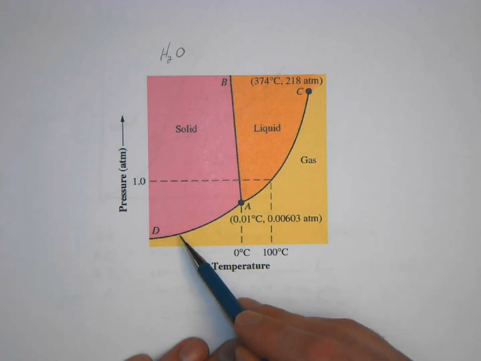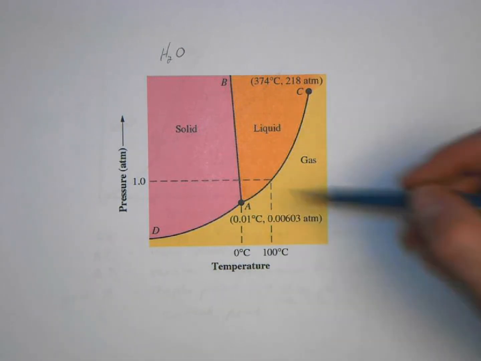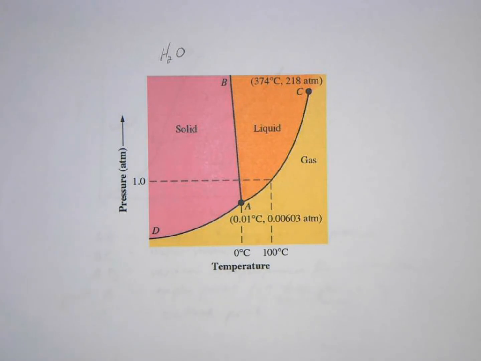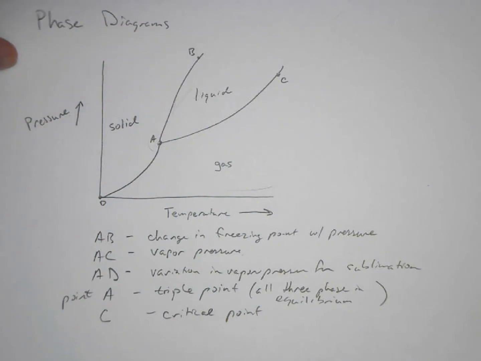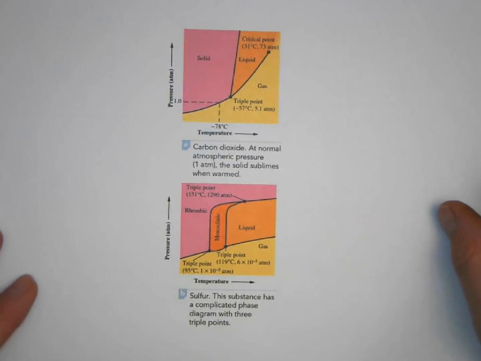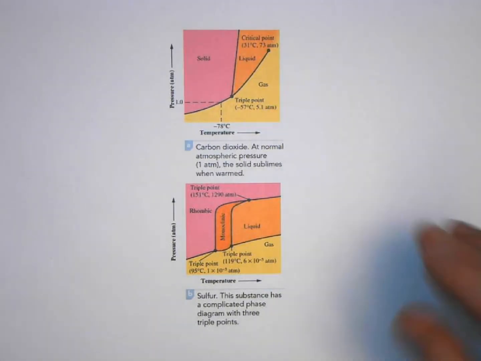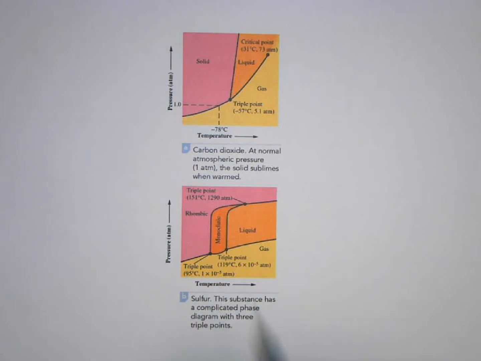You can see that this has a certain shape. Other materials have different shapes within their phase diagrams. Here are two examples. Here's one for carbon dioxide. Here's one for sulfur. Now, phase diagrams can actually become kind of complicated.